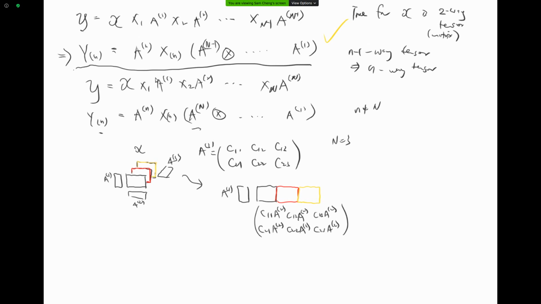So this is precisely the Khatri-Rao product of A3 with A2.